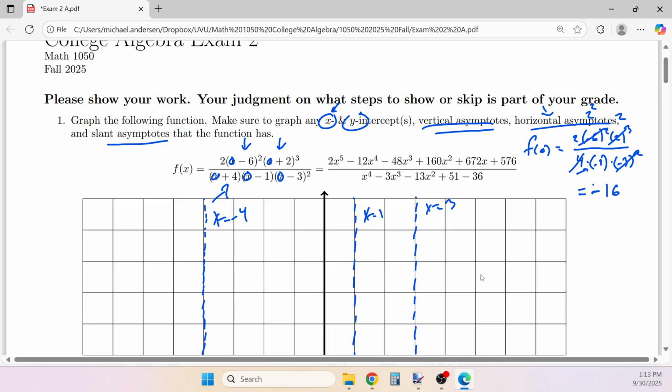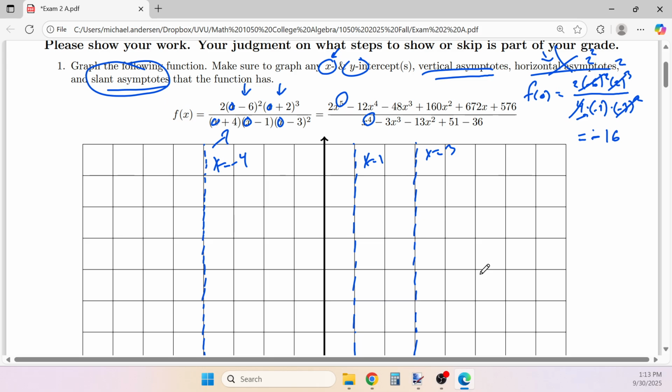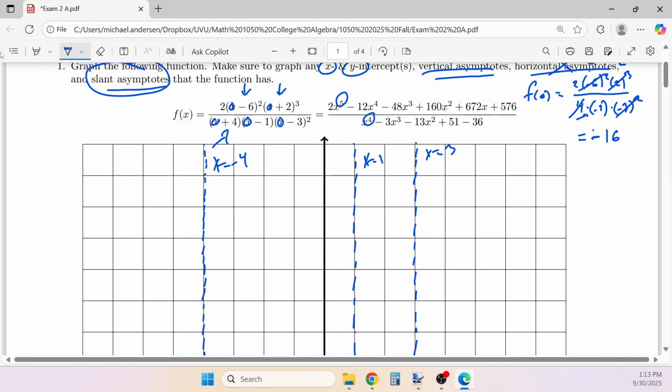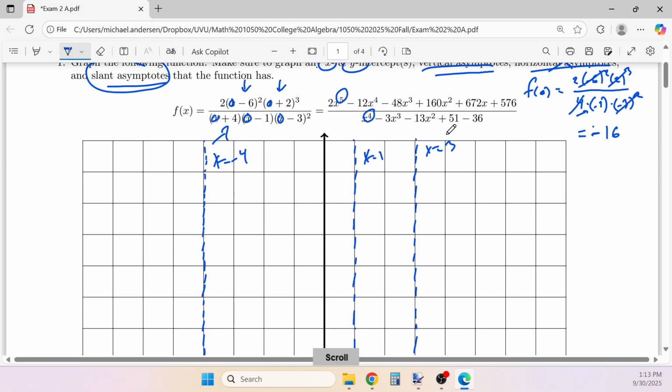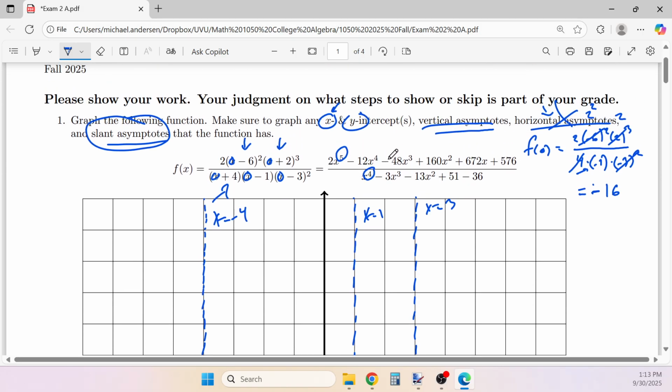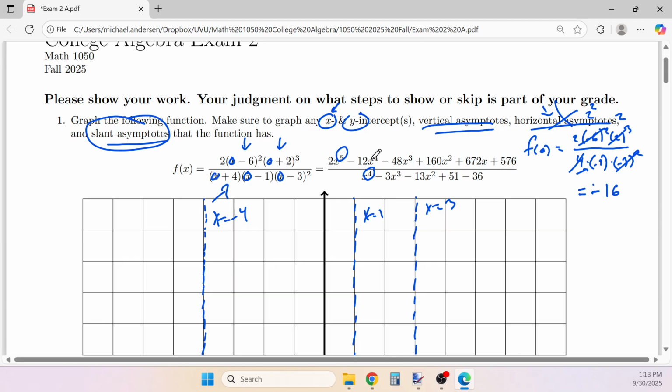Because the degree on the top is 5 and the degree on the bottom is 4, we do not have a horizontal asymptote. Instead, we have a slant asymptote. And to find that, we're going to need to do some long division. You have the privilege of being able to look at the top of the paper at the same time.